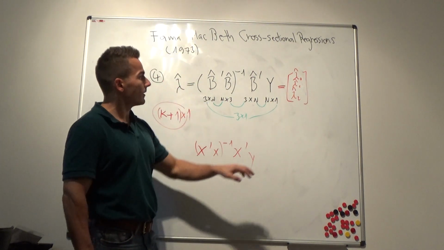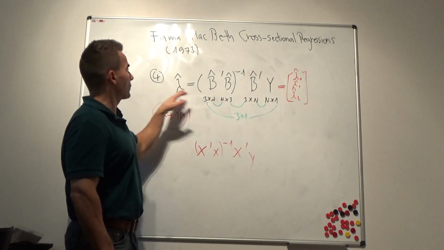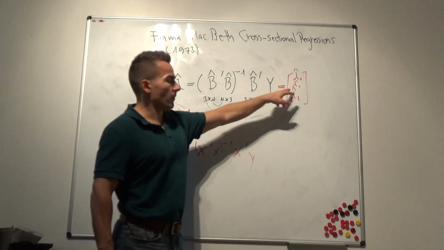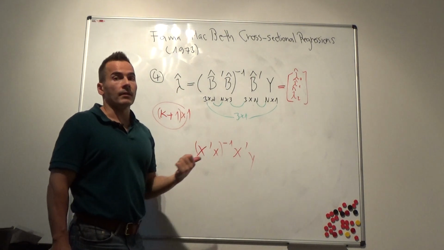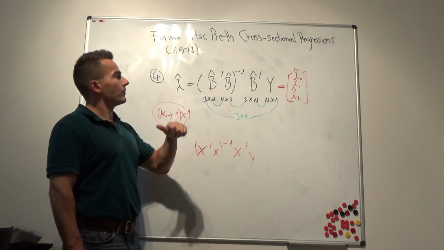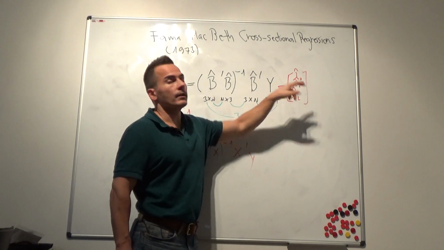So we need to test if these are positive. This is what we can just read from the point estimate, so they should be positive, and they should be significant. If this is the case, then the risk premium associated with the risk factor is priced.